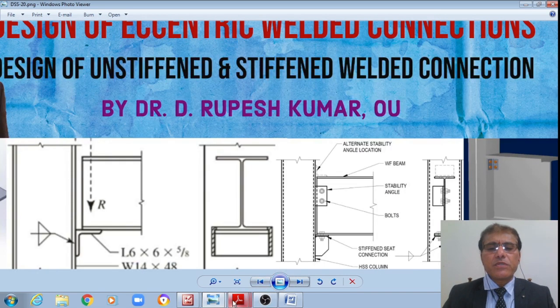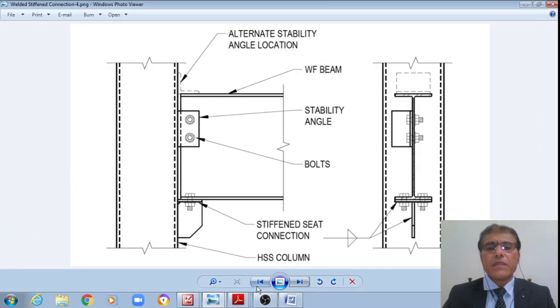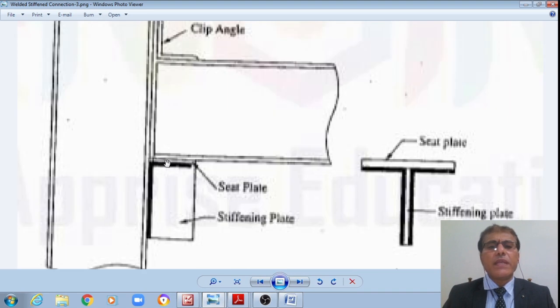Or let me also go to another schematic, student. This schematic just now we have seen. Therefore this is 180 mm, this depth is equal to 300 mm, of this stiffening plate, and this thickness is equal to 16 mm. Once you understood that, now we'll go to the design of the third component.